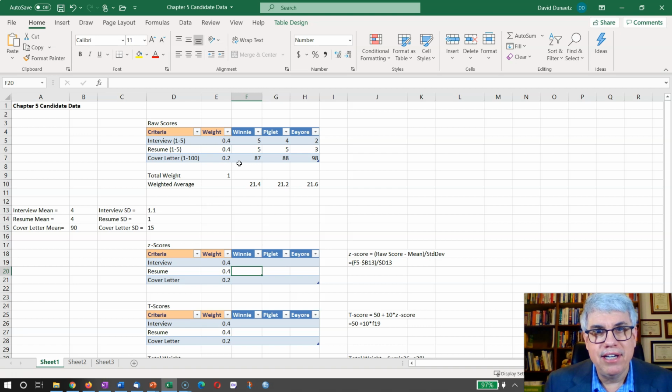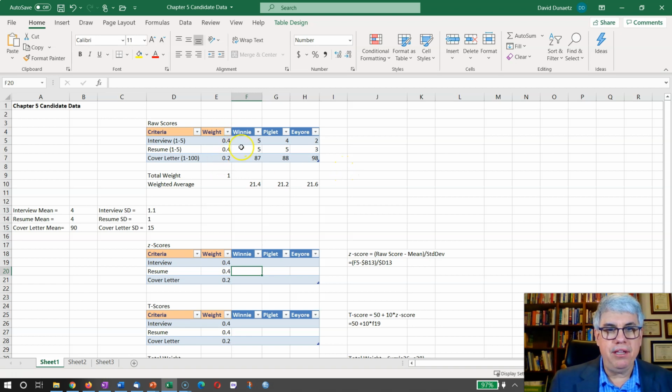Eeyore, however, had Al proofread it for him. Now, Al is very smart, and he fixed all the typos in the cover letter, and he made all the English flow beautifully, and Eeyore got 98 on the cover letter.